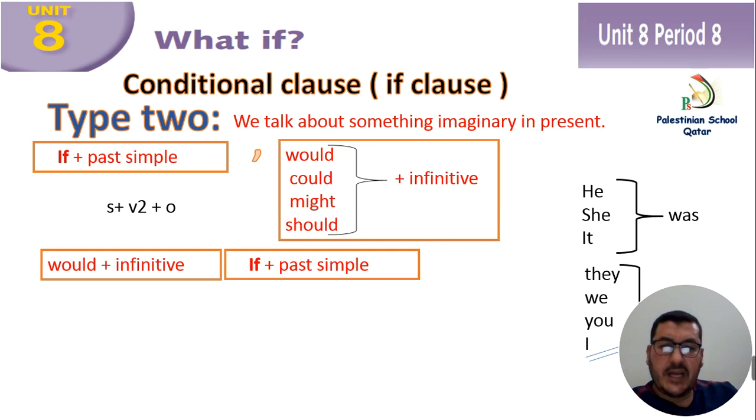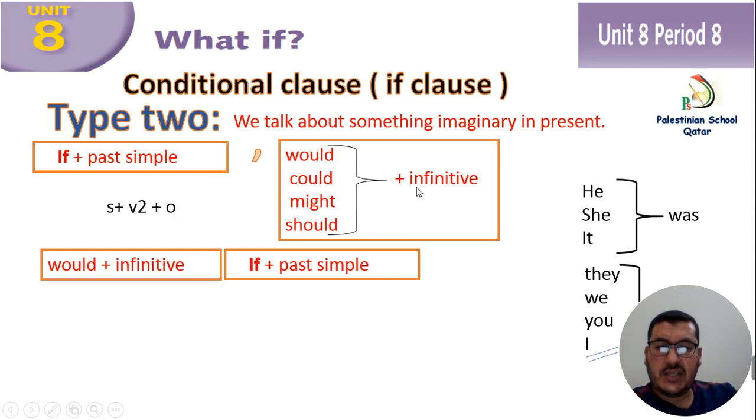So the rule of type 2 is this. The first part, if, plus past simple. And past simple, the rule is subject plus verb 2 plus object. So the first part, if plus past simple, comma, and the second part we have would plus infinitive.